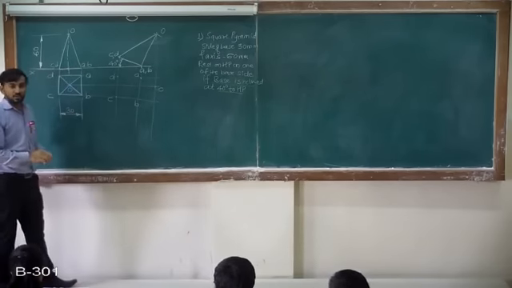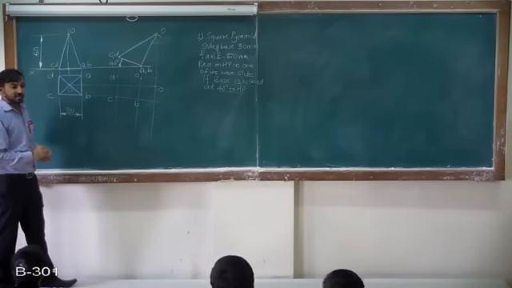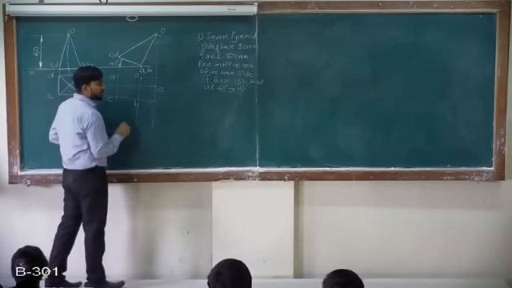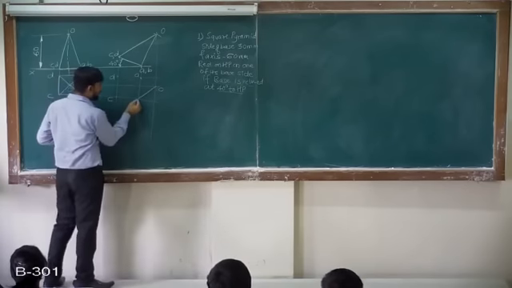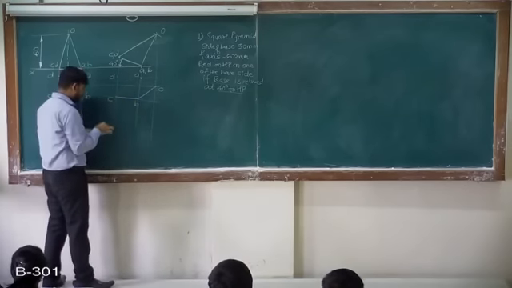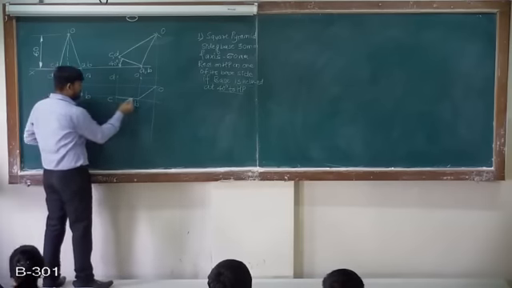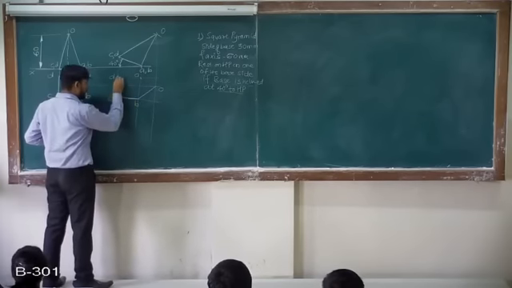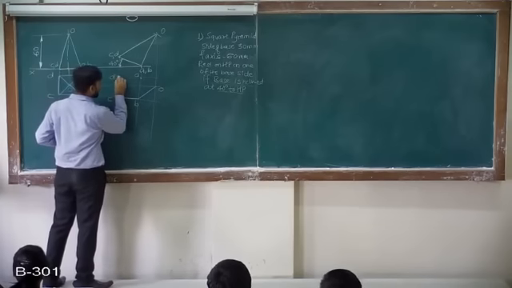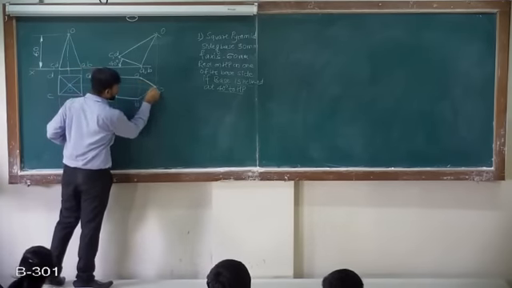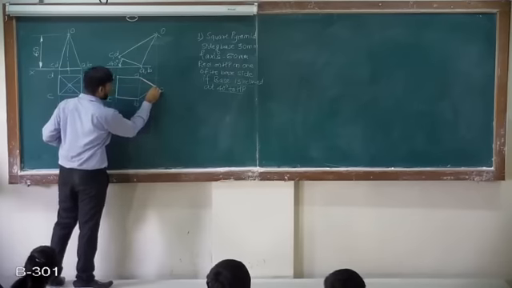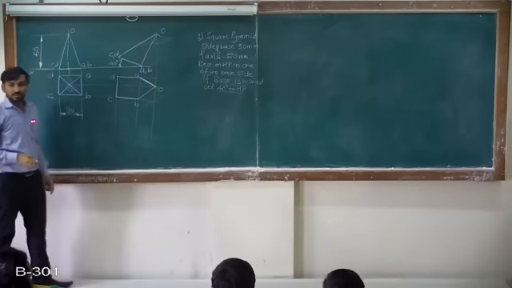Now what is our rule? First, outer edges are visible. So first I will join all outer edges: OB, BC, CD, this one, and next.